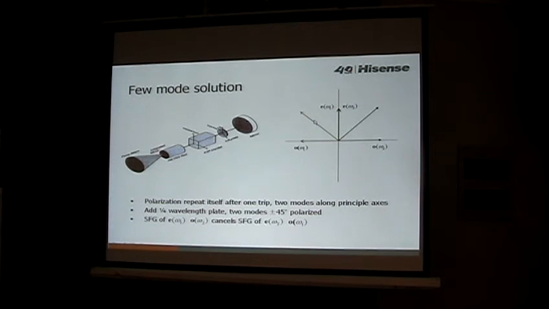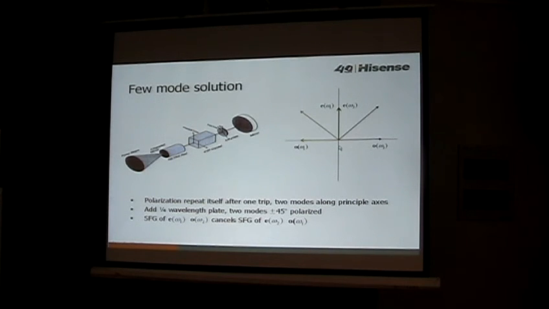The same thing applies to the electric field of the other frequency, frequency 2 or frequency 1. When we have these two frequencies with their polarizations aligned like this, and we add the frequency mixing together, you will find that some sum-frequency mixing terms will cancel each other.